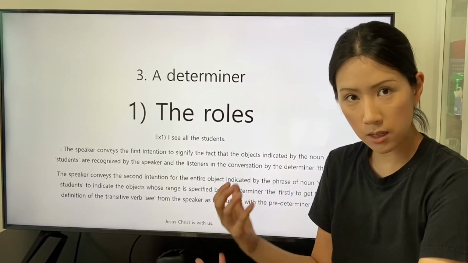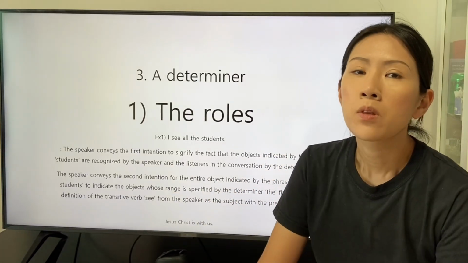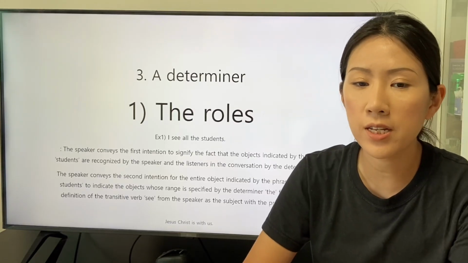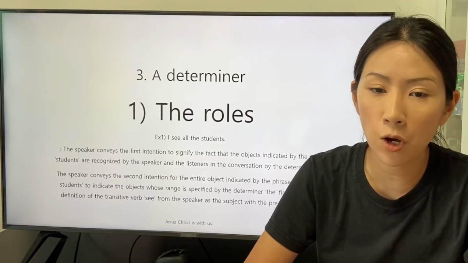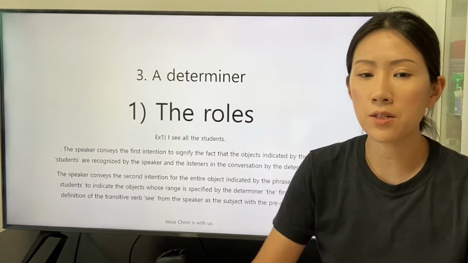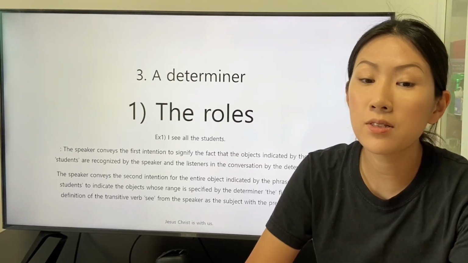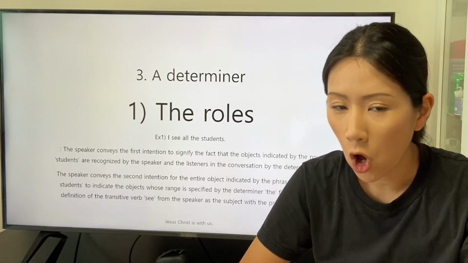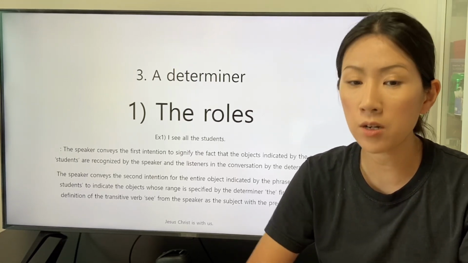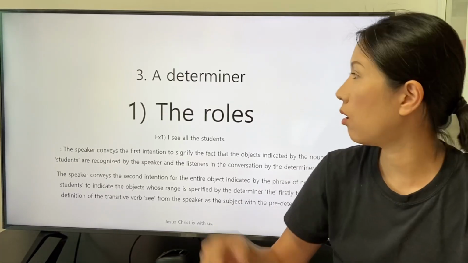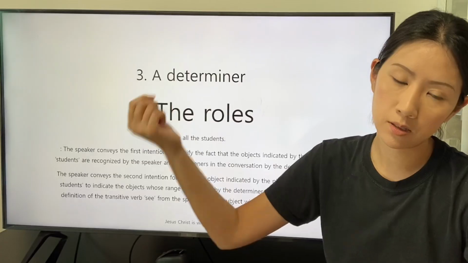The predeterminer all is able to be applied as a determiner, an adverb, or a pronoun with the various traits. The speaker conveys the first intention to signify the fact that the objects indicated by the noun student are recognized by the speaker and the listeners in the conversation by the determiner, though there can be a prior context.